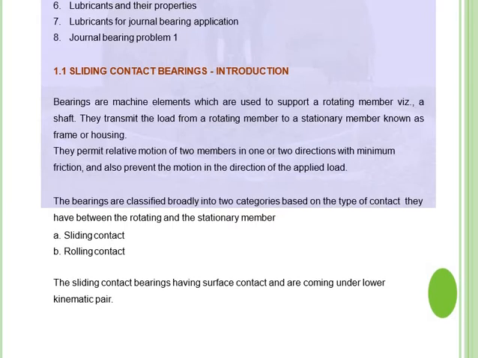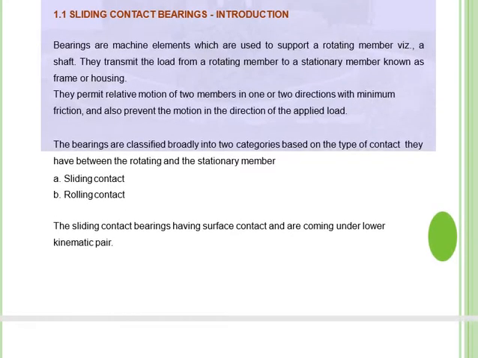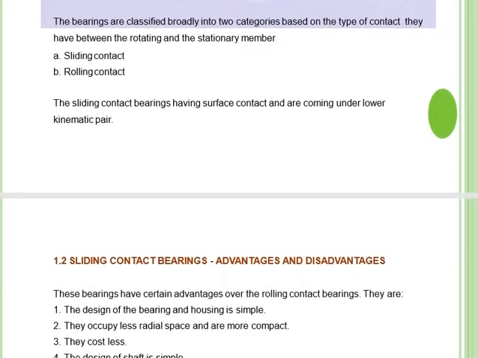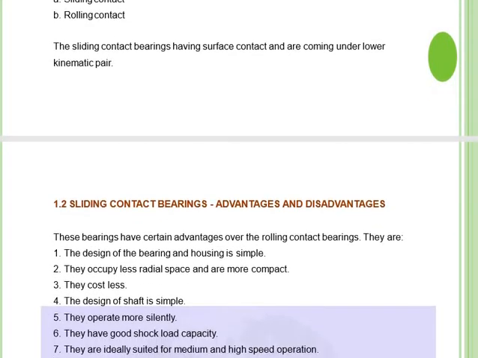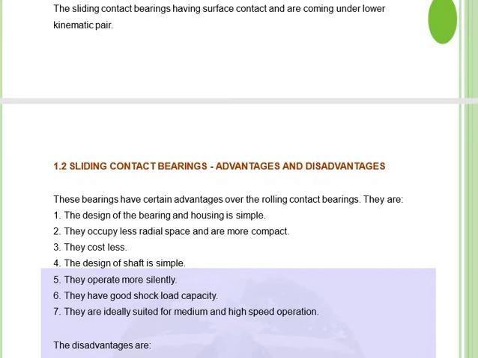In sliding contact bearings, the surface is in contact with the surface, and it comes under a lower kinematic pair. What are the advantages and disadvantages of sliding contact bearings? Compared to rolling contact bearings, some advantages are there. First, the design of the bearing and housing is simple.